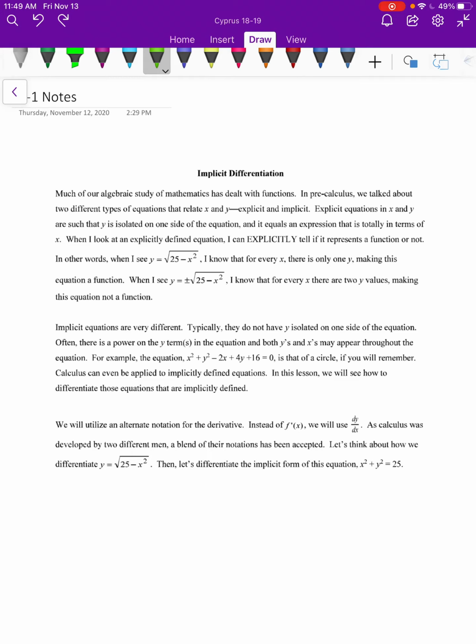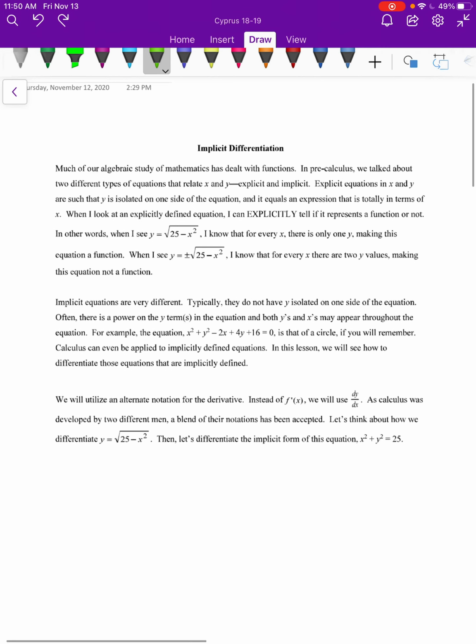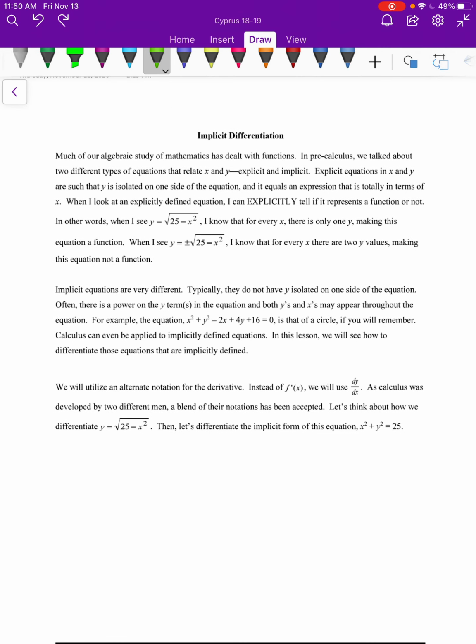So calculus is where we can do things with these implicitly defined equations. In this lesson, we're going to see how we can take the derivative of functions or equations that are implicitly defined. We're going to use an alternative notation for the derivative that we've seen before.